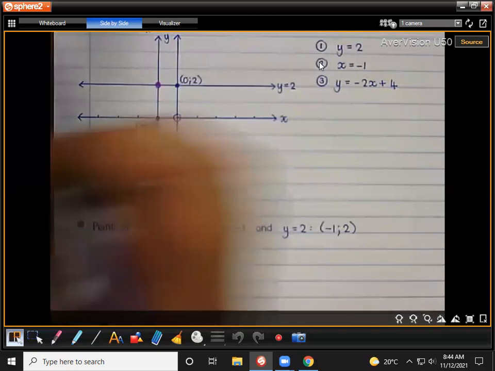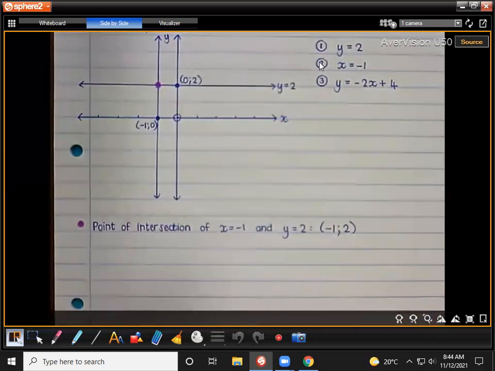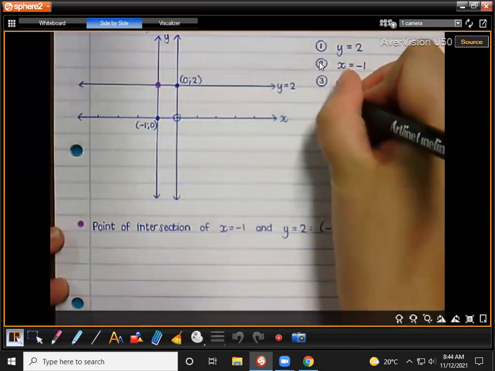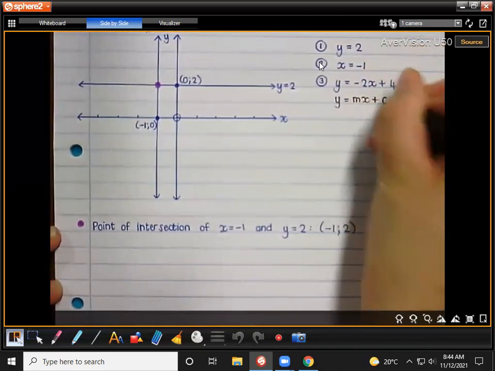Now, guys, this equation has a y and an x in it, so it's going to cut both of our axes. Do we remember y equals mx plus c? Does that ring a bell? That's the standard form of a straight line equation, right? y equals mx plus c.